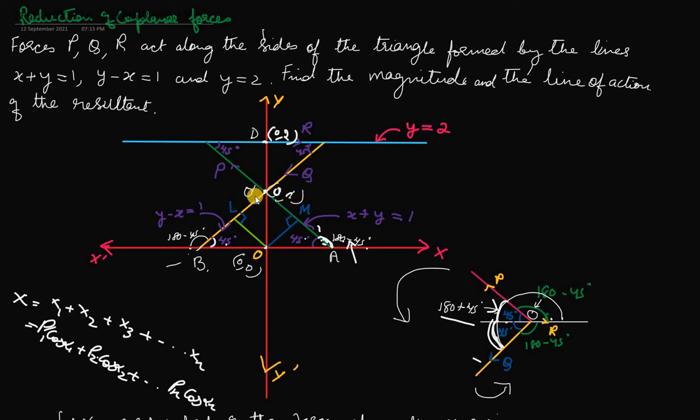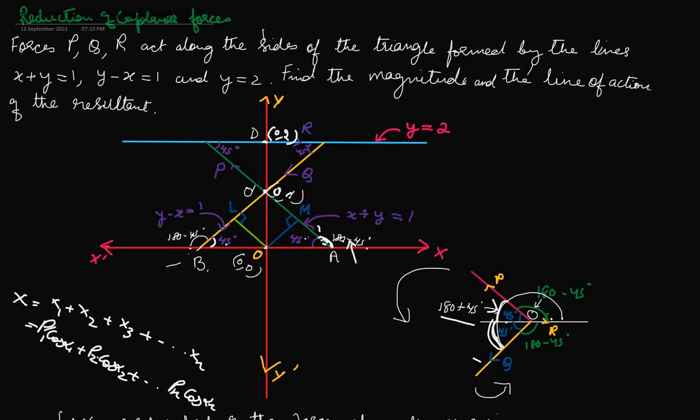And what about these forces P and Q also? They are not passing through this point O. So this force P, as you can see here, is of inclination 45 degrees. Now, what is the perpendicular distance of this force P from this point O? It is OM.